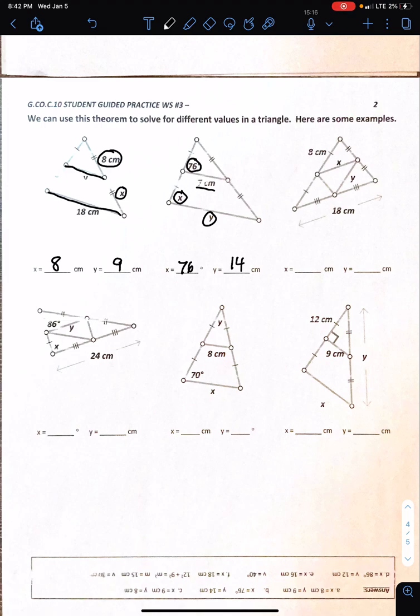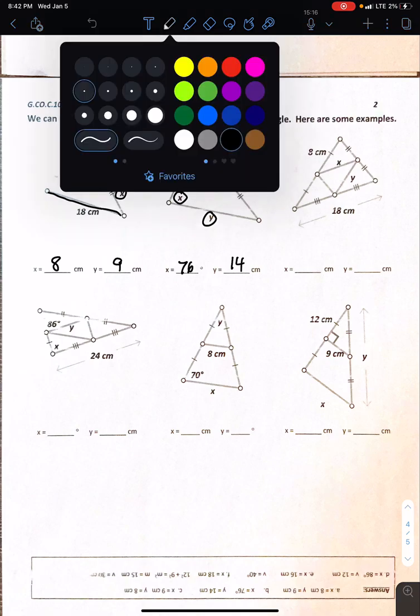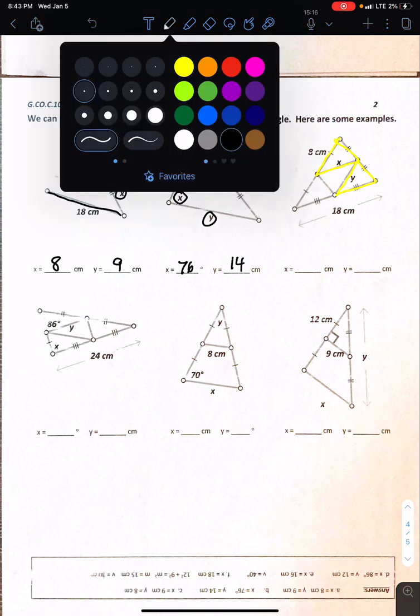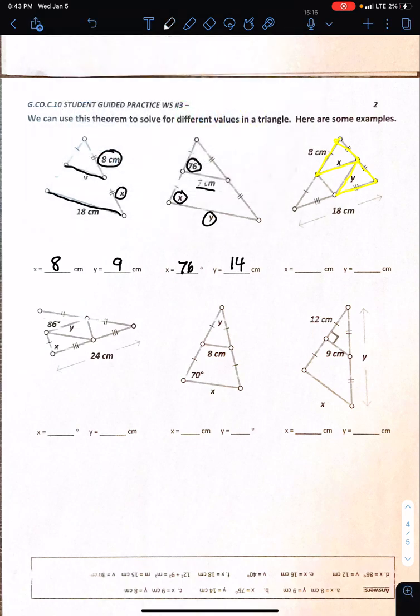All right, this next example, we've got to use a little intuition here, use some congruent triangles. So we have here two congruent triangles, okay? And I know they're congruent because I've got two sides and an angle. I know these two sides are congruent because the mid-segment's half of the third side, and this is half of that third side.